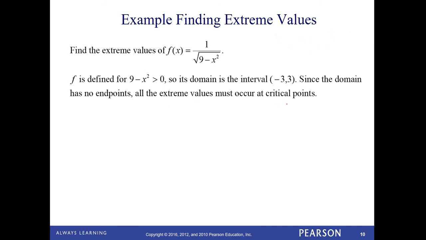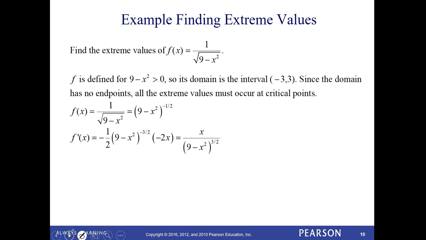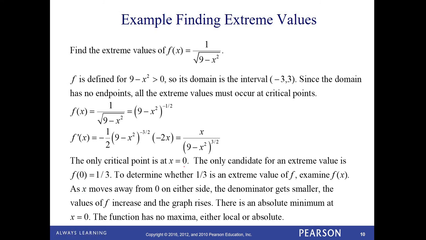So all the extreme values must occur at critical points. Our critical points are any place where the derivative is equal to 0. So we take the derivative, and we get this for our derivative. The only critical point is at x equals 0. So the only candidate for an extreme value is f of 0 equals 1/3.